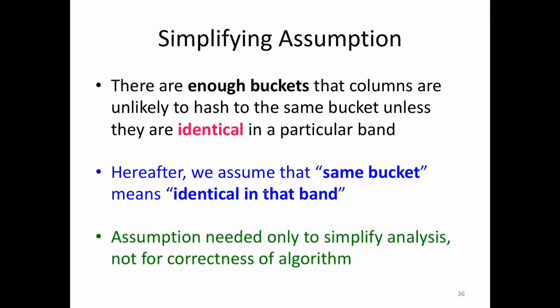We will do the analysis under these circumstances, but even if there is some amount of overlap, even though they are not identical, and they are still getting mapped to the same bucket, the algorithm will still work, but the analysis may become a little bit more difficult.